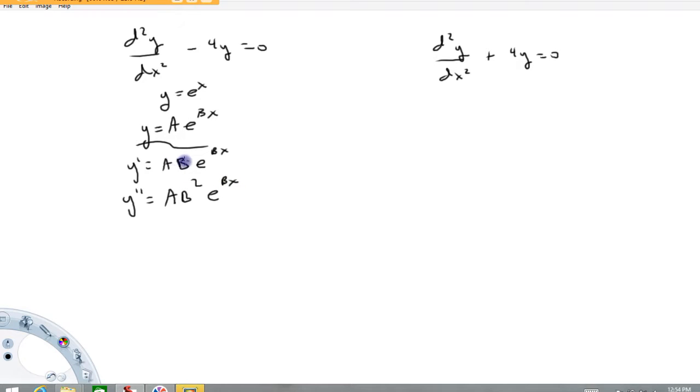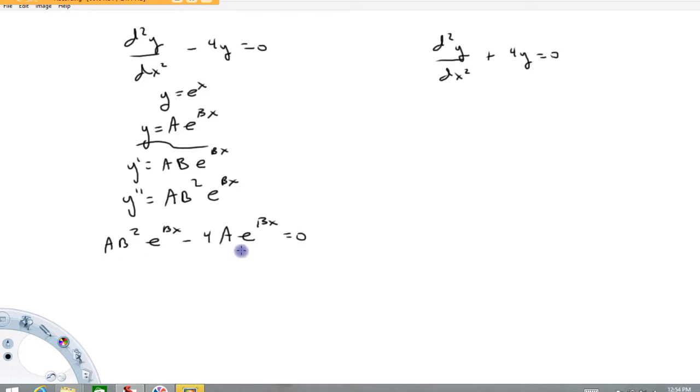And again, this b is coming from the chain rule from differentiating this part of it, and this other b, same thing. Now when we take this and we sub it into this equation, it is going to read ab squared e to the bx, that's our y double prime here, minus 4 times y, but y, I believe, looks like a e to the bx, equals 0.